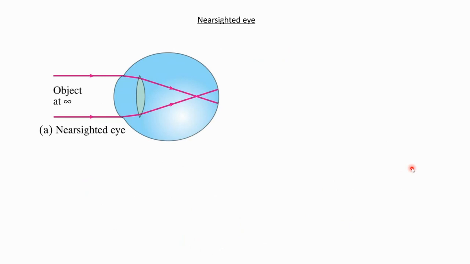Okay, a little more words about the eye. In a nearsighted eye, the problem is that objects at infinity focus in front of the retina rather than on the retina. And this is the case for me. So I see my finger just fine, like this, but when I look at something very far away, it's a blur. It's a blur because the image inside my eye is in front of my retina.